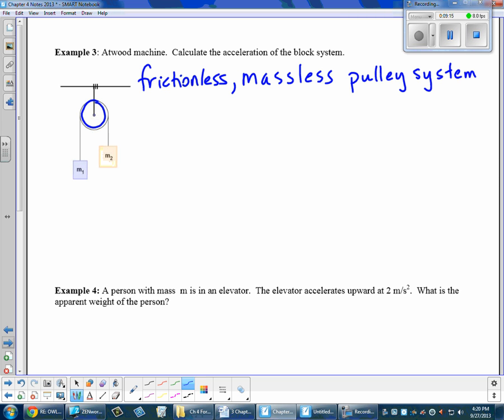This is an unrealistic expectation, but we often idealize things in an entry-level physics course. So we're just going to focus on the two masses. We'd like to calculate the acceleration of the block system.